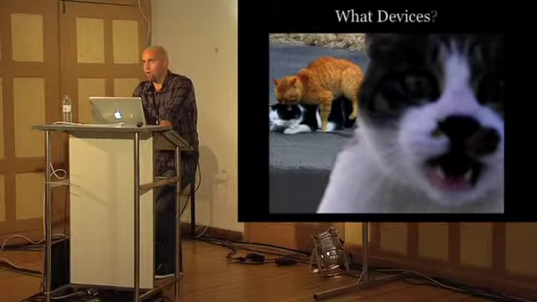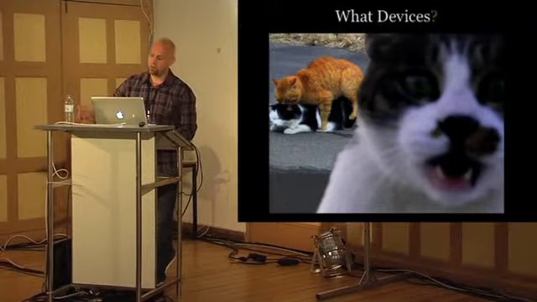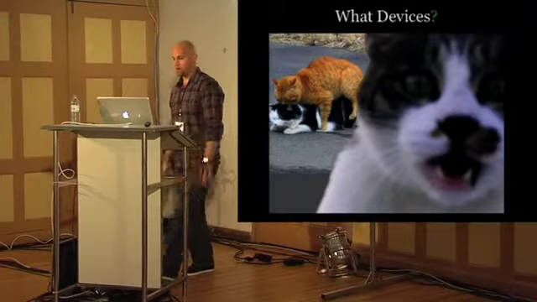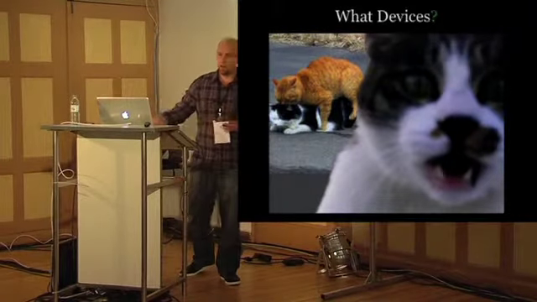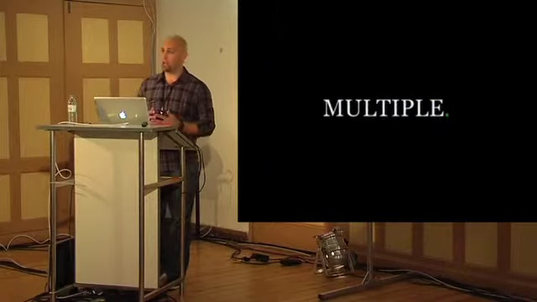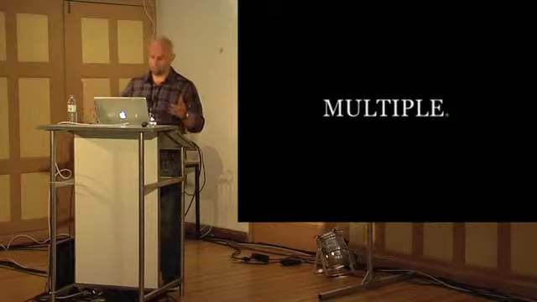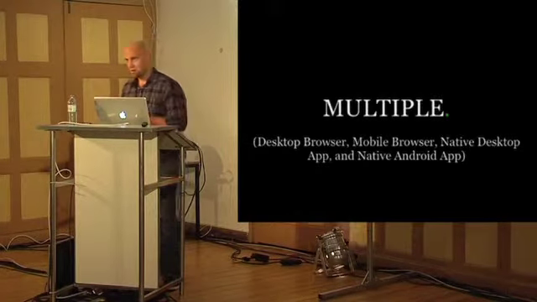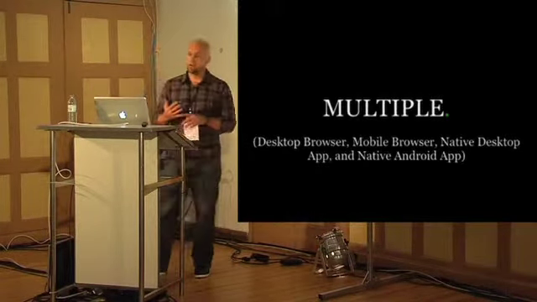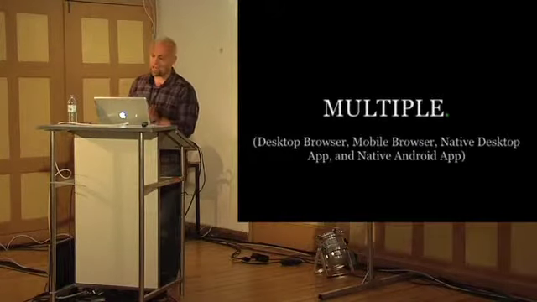Where am I going to be using this the most? I have a Nexus 1, and this has a mobile browser on it. But then I may be on my computer, so why not make it a web app, right? So I'm putting it on multiple devices, and that's the key: how do we rapid prototype for multiple devices? Specifically, a desktop browser, mobile browser, native desktop app, and a native Android app.